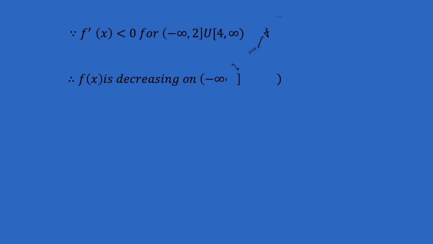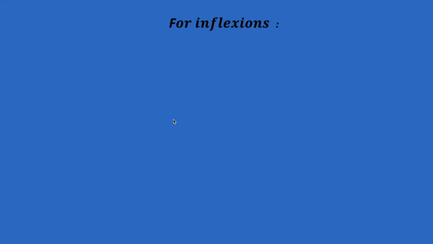However, for x less than 2, the gradient is negative, and for x greater than 4, gradient is also negative. So we can see that the gradient is negative on negative infinity to 2 and 4 to infinity, so we can say the curve is decreasing on that interval.